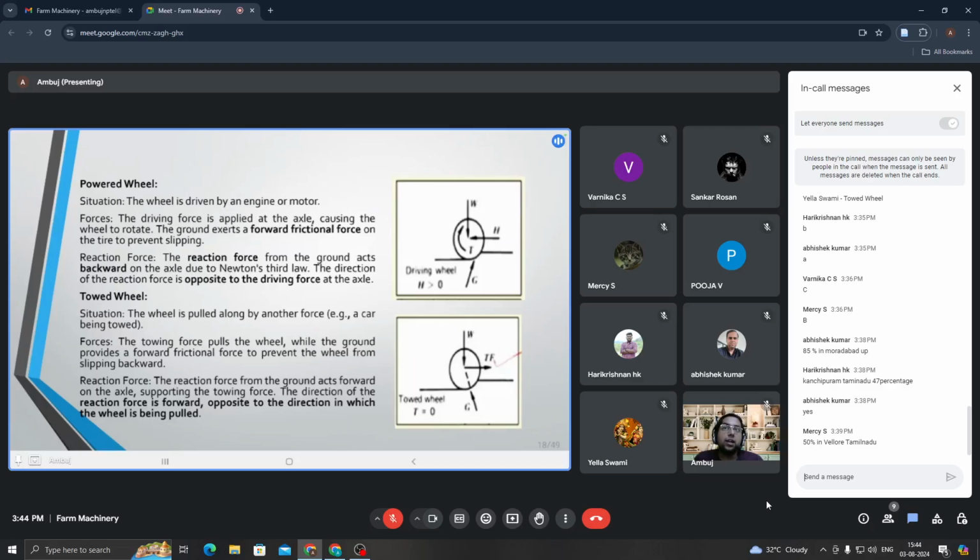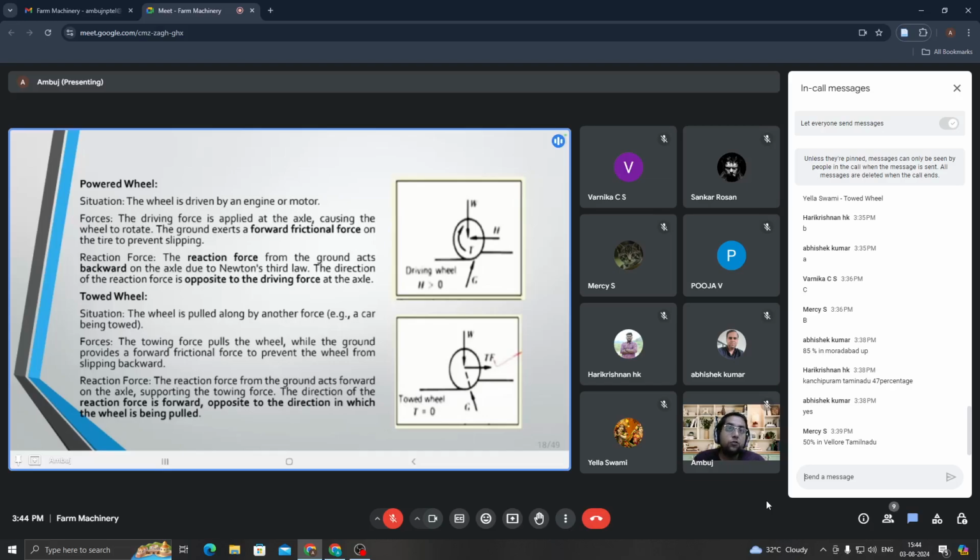The ground exerts a forward frictional force on the tire to prevent slipping. That is why, according to Newton's third law, the reaction from the ground would be in this direction, which I have shown in the figure.